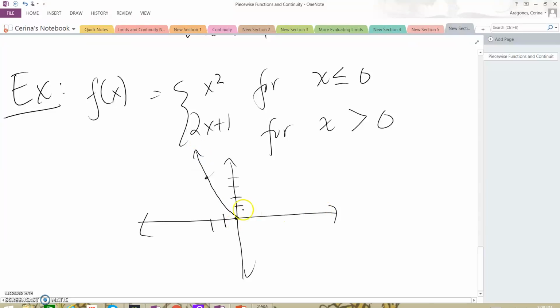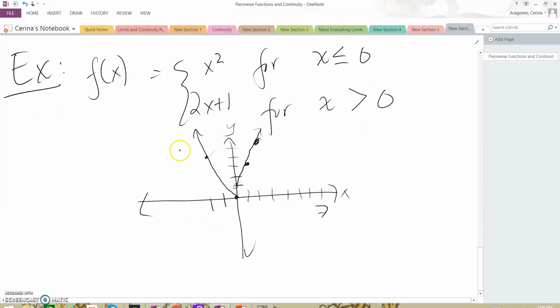And then for anything greater than 0, it starts here and is a line that goes over 1, up 2, over 1, up 2, okay? And it's a straight line. So this is my x squared from negative infinity to 0. Here's my graph of 2x plus 1 for anything greater than 0.